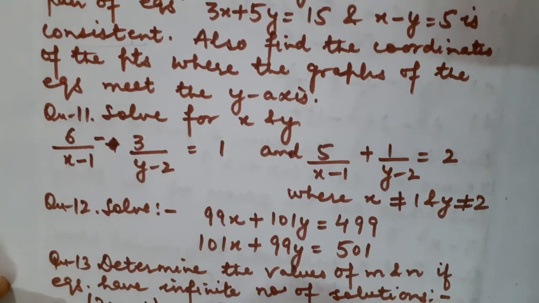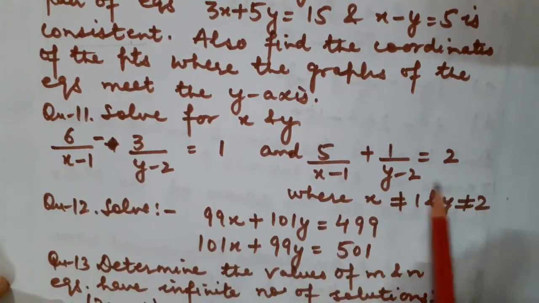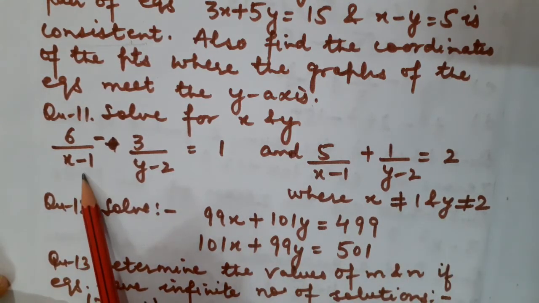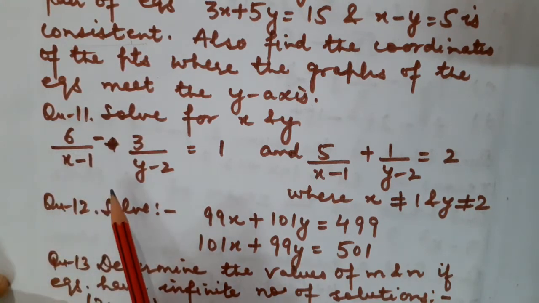Now children, let us switch to question number 11. While looking at this pair of linear equation, children, you can easily judge as the variable is at denominator place. So it means we will have to assume it so that we can convert it into generalized form, that is a1x plus b1y plus c1 is equal to 0, a2x plus b2y plus c2 is equal to 0.